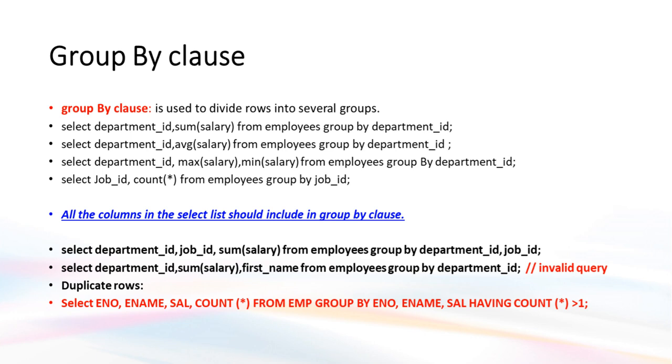So let me execute this one. Select department ID, job ID, sum of salary from employees, group by department ID and also job ID. See now, this is the department ID, job wise, this is the sum of salary.